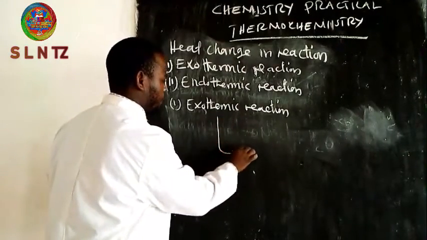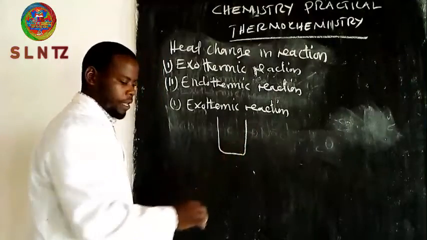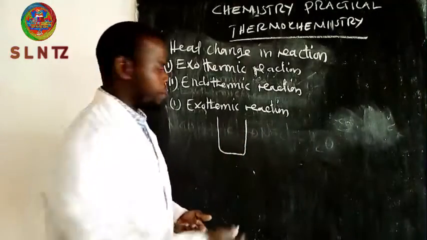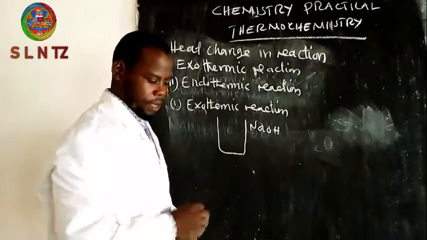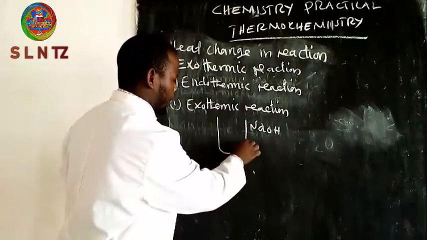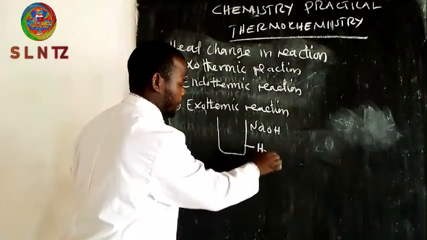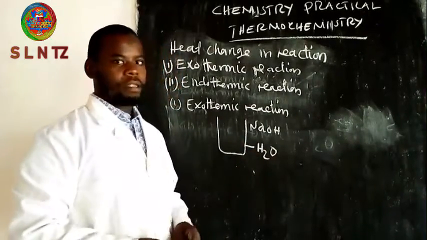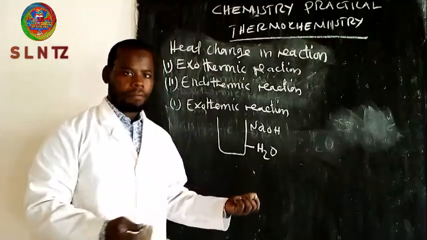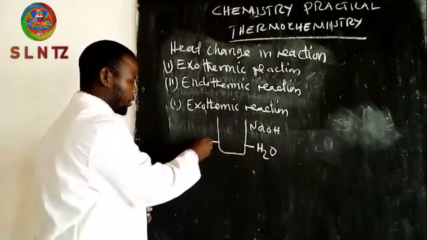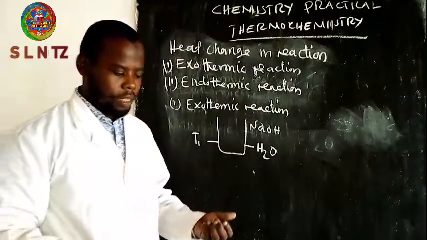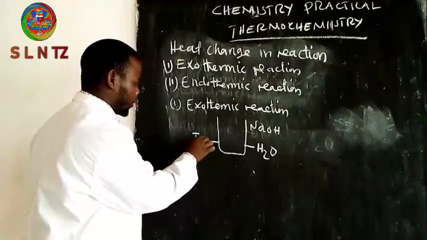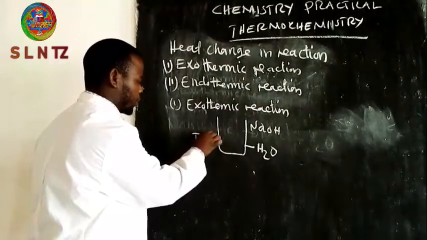This is a beaker. You mix, let's say, sodium hydroxide with water. There is a certain volume of water and an initial temperature, let's say 20 Celsius.